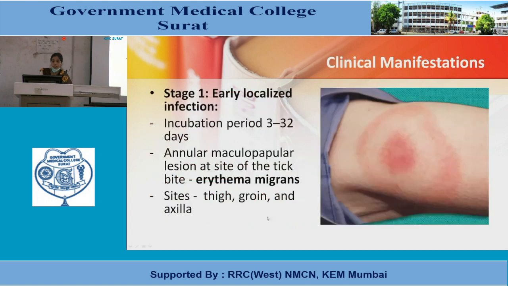Okay. Stage and clinical manifestation. Stage 1 is early localized infection. This looks like this, owl-eye like. Incubation period is 3 to 32 days. An annular maculopapular lesion at the site of the tick bite is erythema migrans. These are the erythema migrans. Sites are the thigh, groin and axilla.